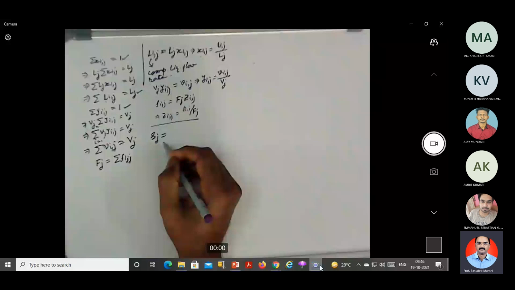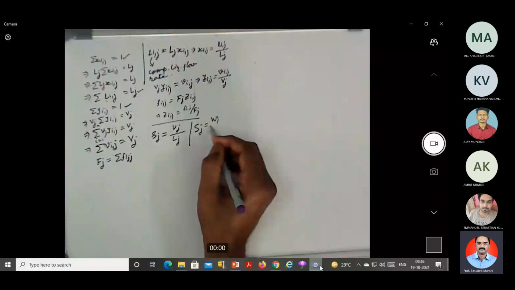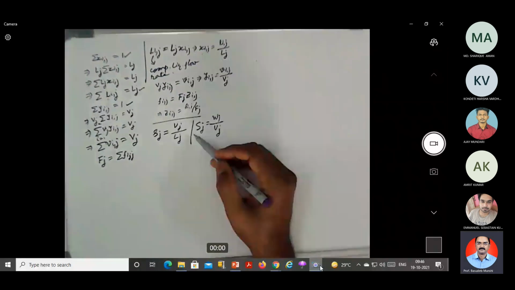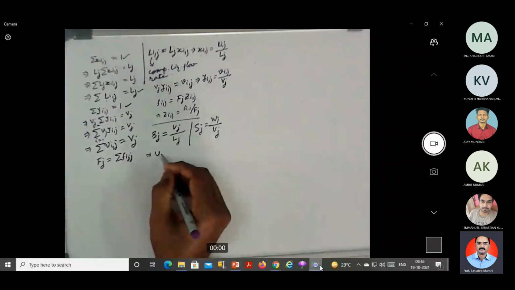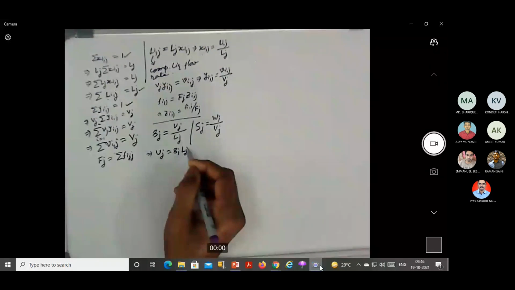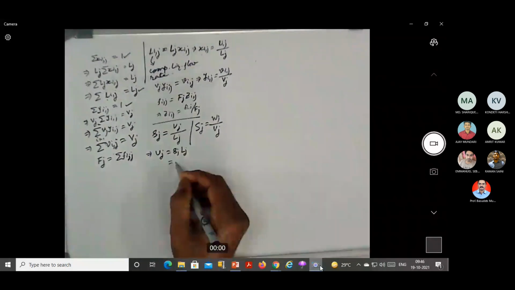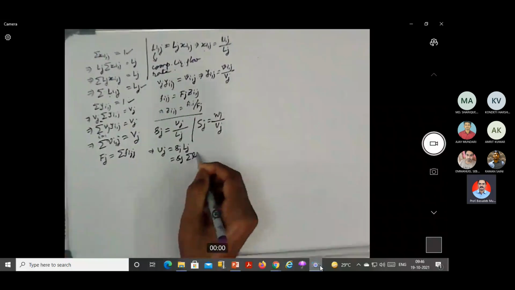Similarly, we can write capital Sj equal to Wj divided by Vj. Okay, so in the equation we will replace Uj by small sj into Lj, and Lj we know is the sum of Lij.